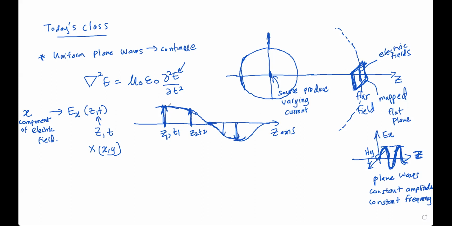Amplitude means the maximum displacement that the electric field can take with respect to the zero axis, with respect to the reference axis. So the electric field will behave like a wave. Its magnitude will change like this. It will have a wave-like amplitude variation, with a maximum amplitude, I mean maximum displacement.